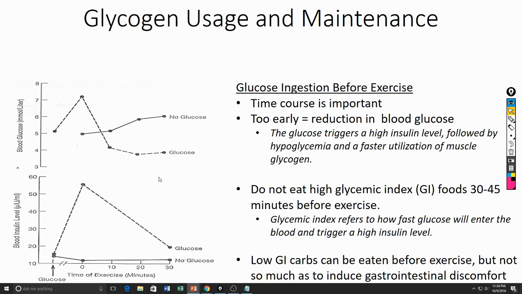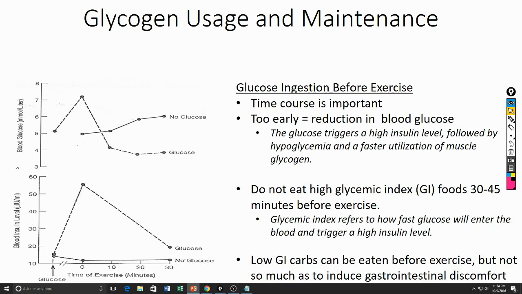So it's important, if you're going to take a carbohydrate prior to a workout, that you probably try to take a lower glycemic index carb, a more complex carb, because it takes longer to digest. That's important. Though the thing you have to balance is, if you take something that's too hard to digest, then your GI tract has a hard time breaking it down, and then you could have cramping and gastrointestinal distress.